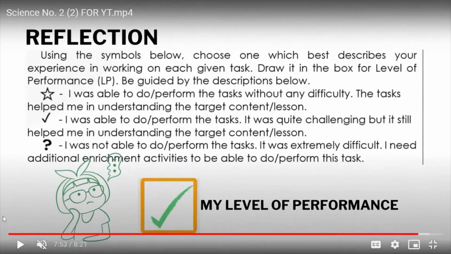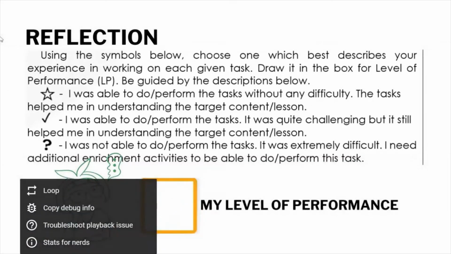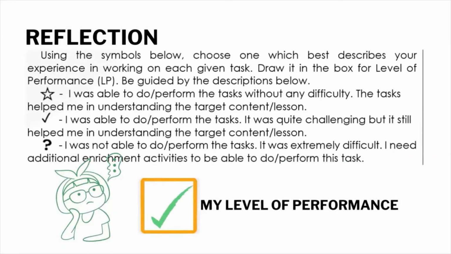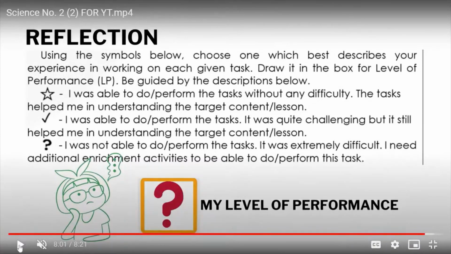Next, check. I was able to do or perform the task. It was quite challenging, but it still helped me in understanding the target, content, or lesson. And on the third one, you're going to write a question mark. I was not able to do or perform the task. It was extremely difficult.